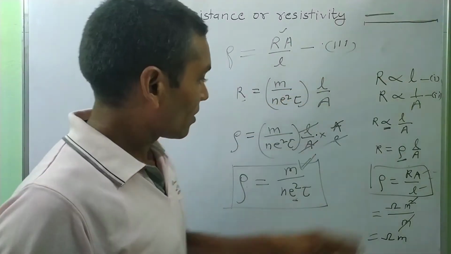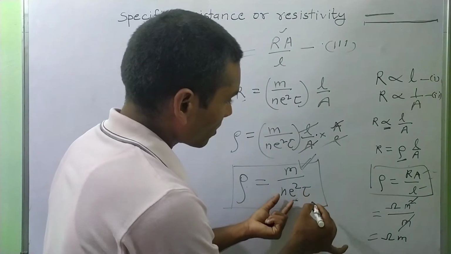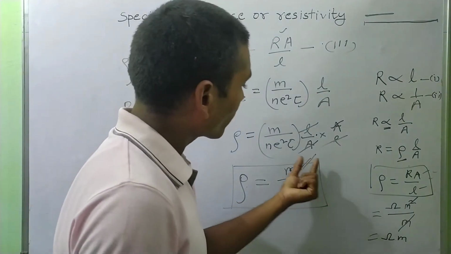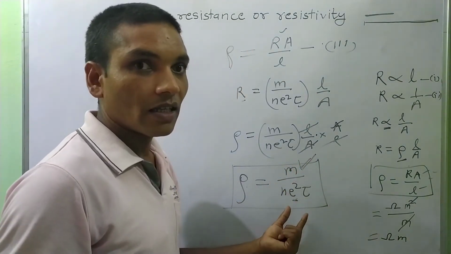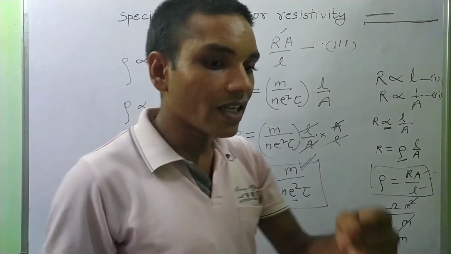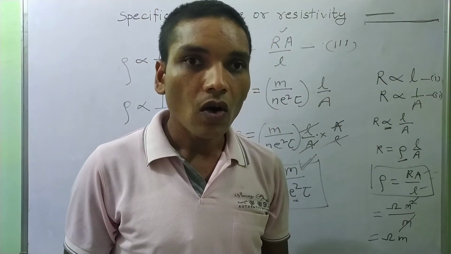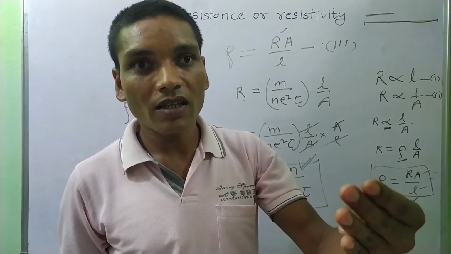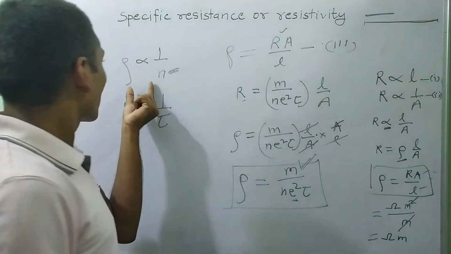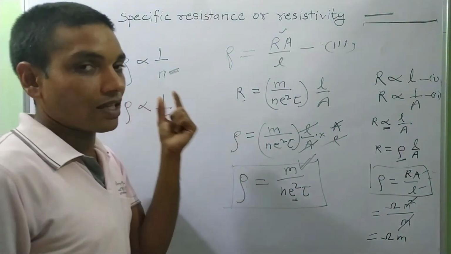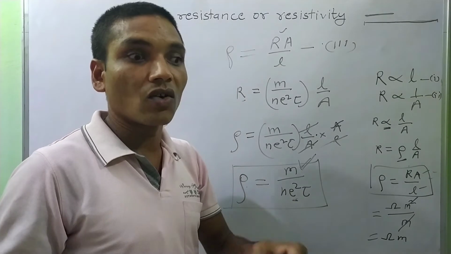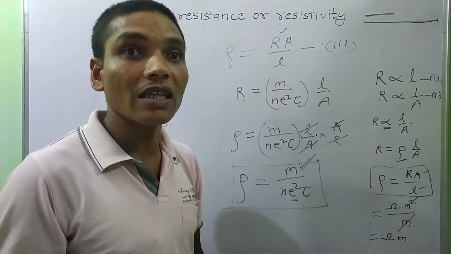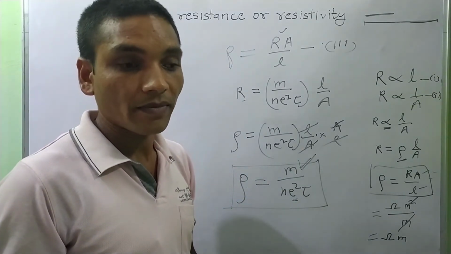And because area of cross section is not in this equation, if we decrease or increase the area of cross section, the resistivity or the specific resistance of the conductor is not affected by the area of cross section.